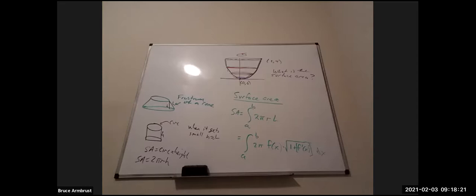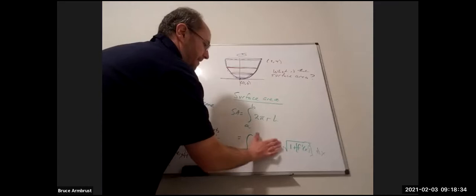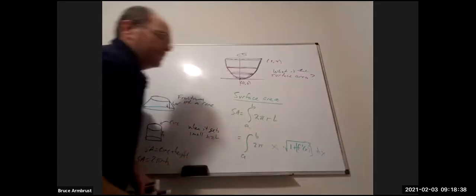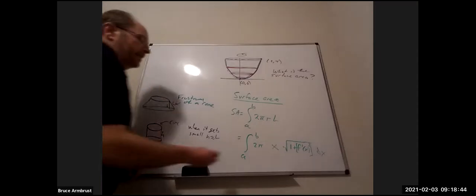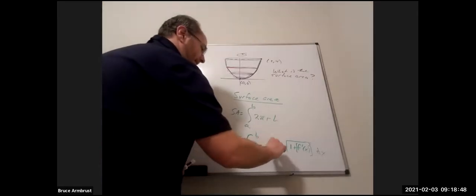So just take a look at that for a second. You notice that we've still got that square root of 1 plus f prime of x squared. I apologize, I did want that.